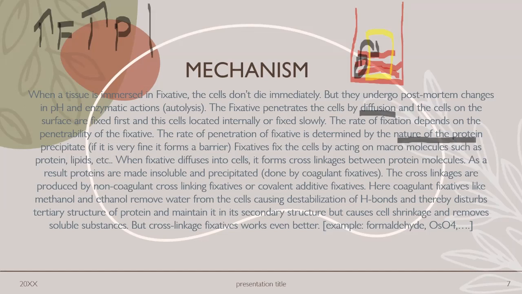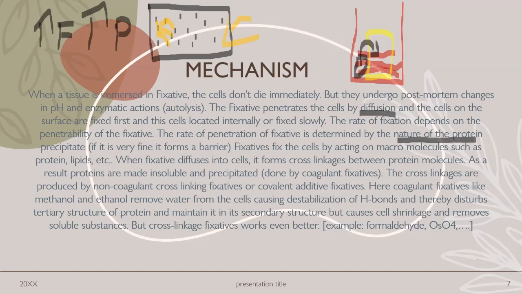So consider this as our specimen, and we have protein molecules in it. When the fixative enters, it will form cross linkages between these protein molecules and it will precipitate the proteins.